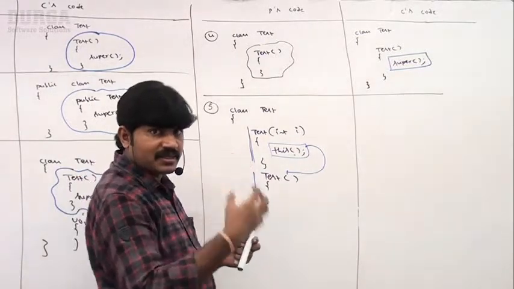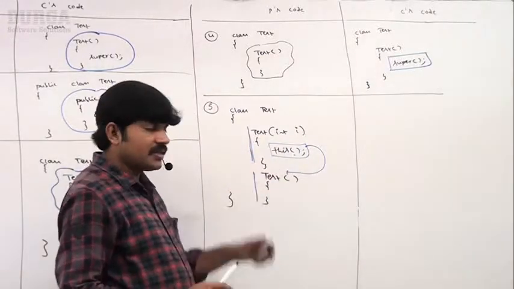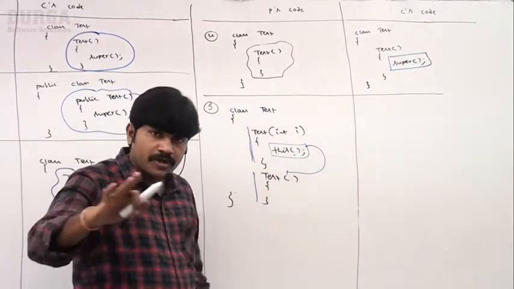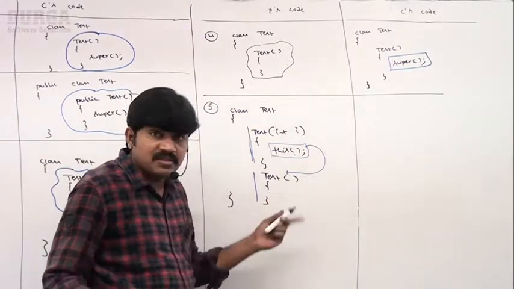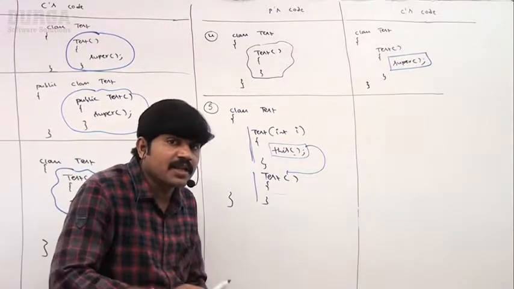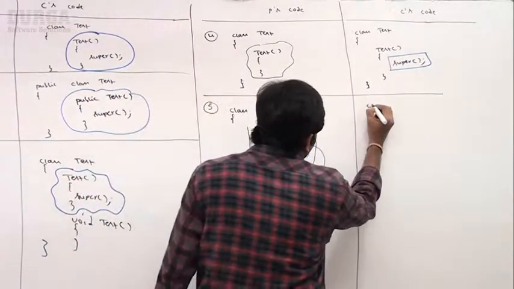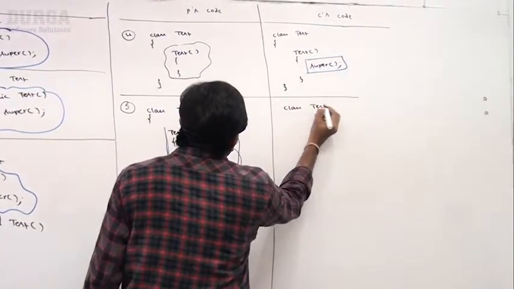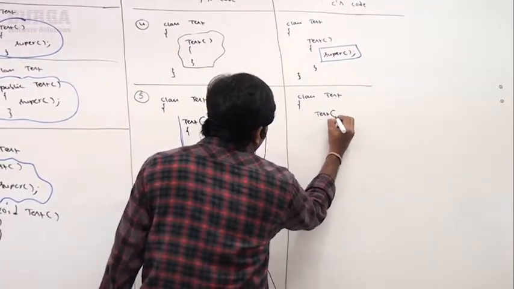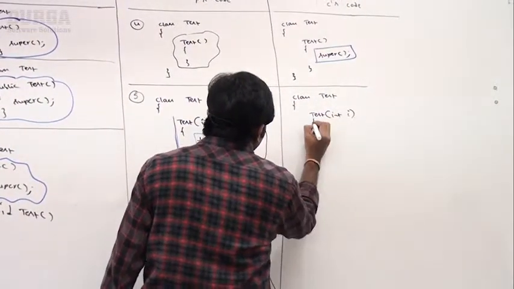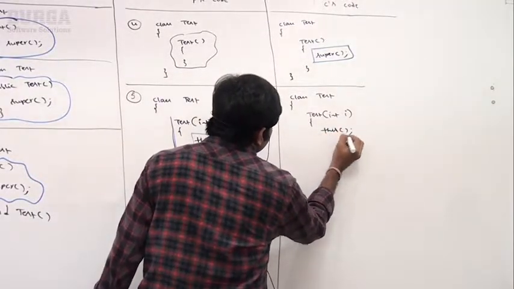This means the current class constructor; we are calling the current class no-argument constructor. It is there, sir, so the first constructor is proper. But in the second constructor, you are not writing anything, neither super nor this. That's why the compiler will place super. Remember, now after compilation, the code will become class test of int i. Now I'm taking this.